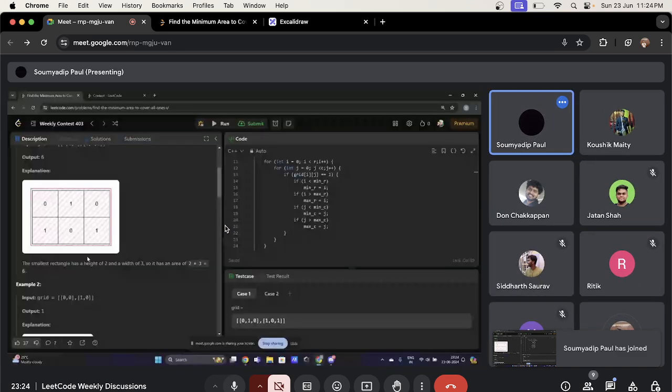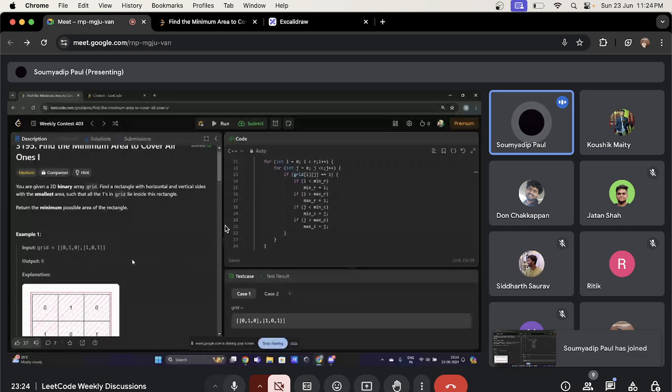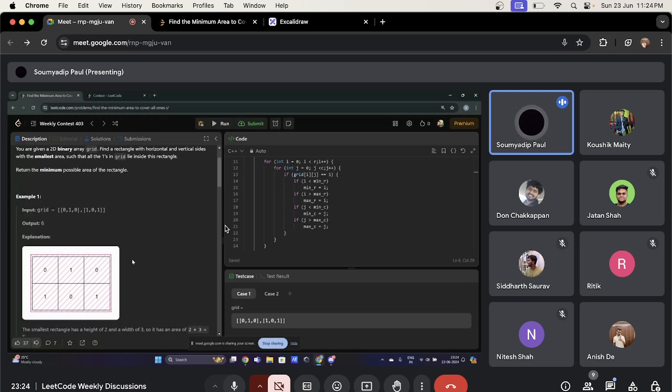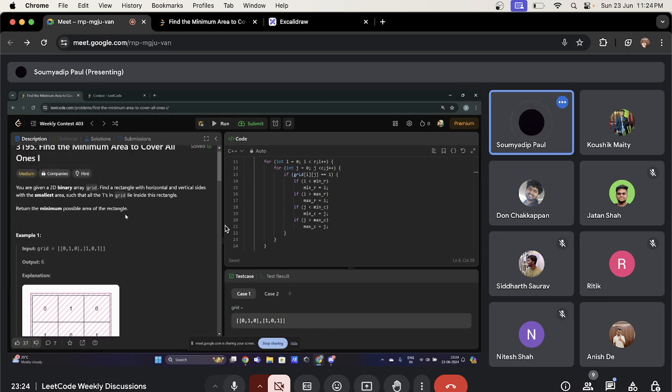Yeah, so basically this question gives us a 2D binary array consisting of 0s and 1s, and we have to find the area of the rectangle that contains all the 1s in the 2D array.